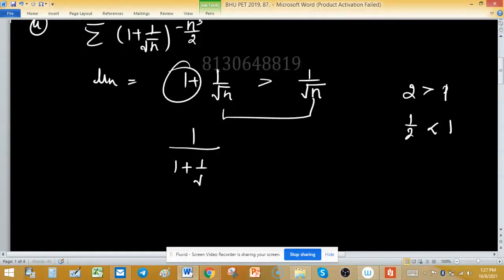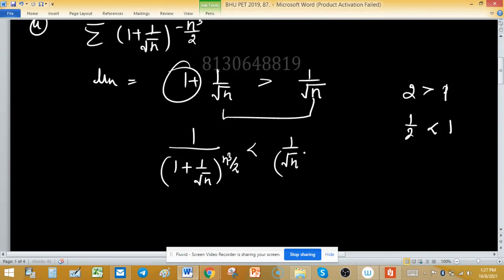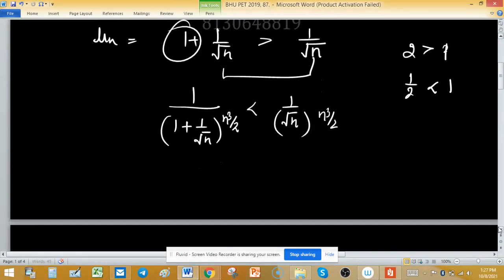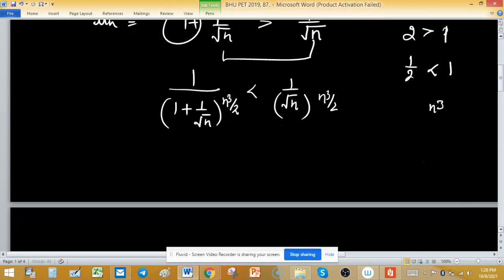So I am doing this reciprocal because I need a negative power. So 1 upon 1 plus 1 upon root n is less than 1 upon root n. Also, I need n cube by 2 as the exponent, so I took n cube by 2. Whenever the inequality is true, making it a power doesn't affect it, because n cube upon 2 is positive.